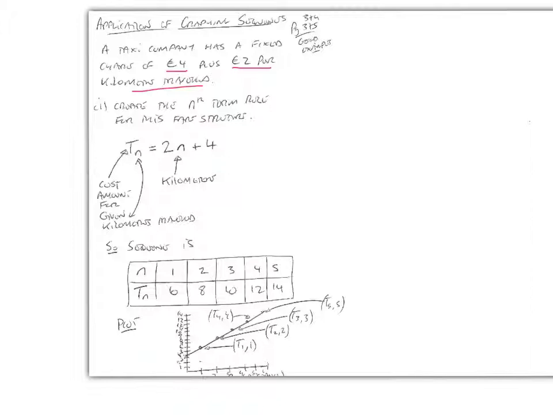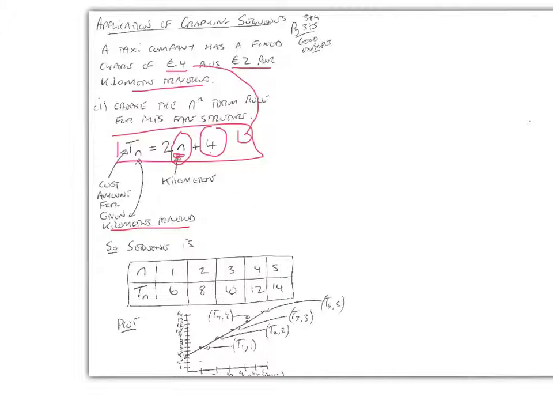The cost for the given kilometres travelled must be equal to two times the distance travelled, in this case kilometres, plus the €4 charge before you even pull off. So the cost is 2 times however many kilometres you travelled plus the 4 rate.